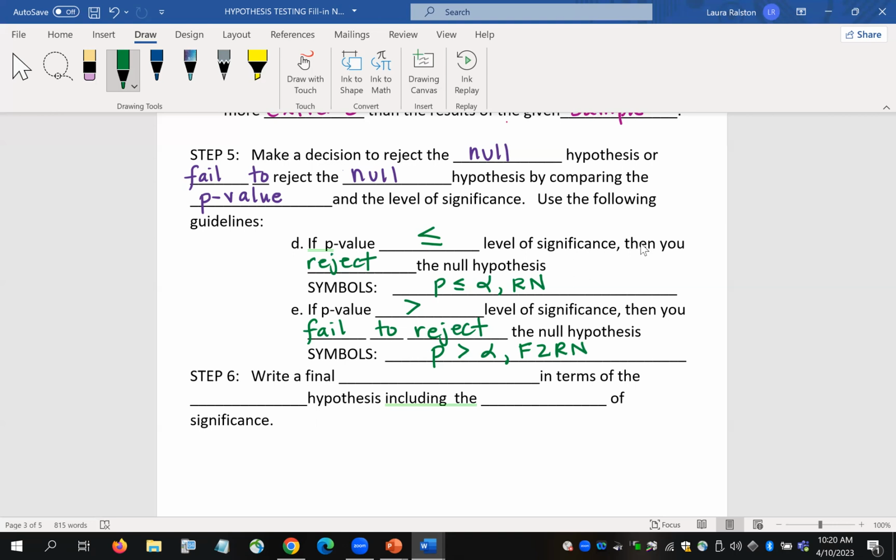Again, think about it from the perspective of a court case. When the jury returns to the courtroom, they're either going to say the defendant is guilty or not guilty. A jury never concludes that the defendant is innocent. They're either guilty or not guilty.